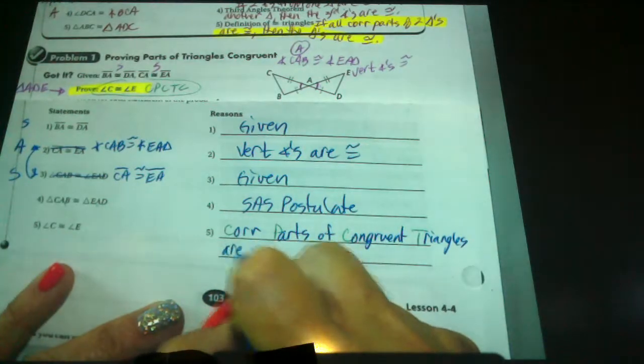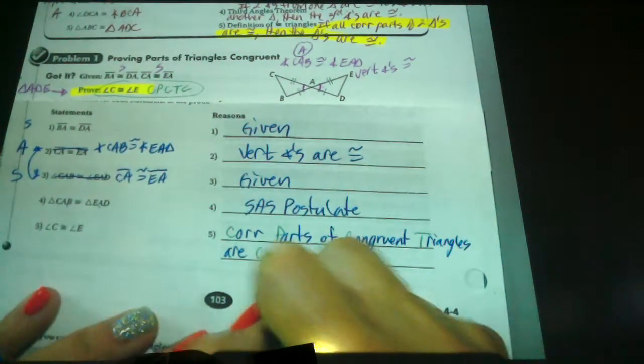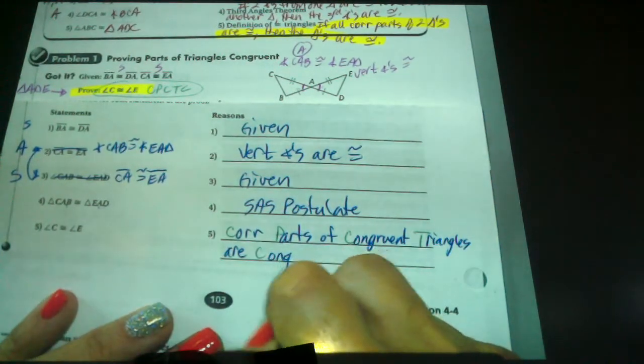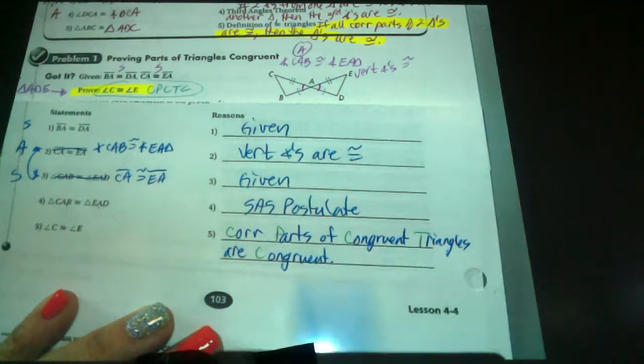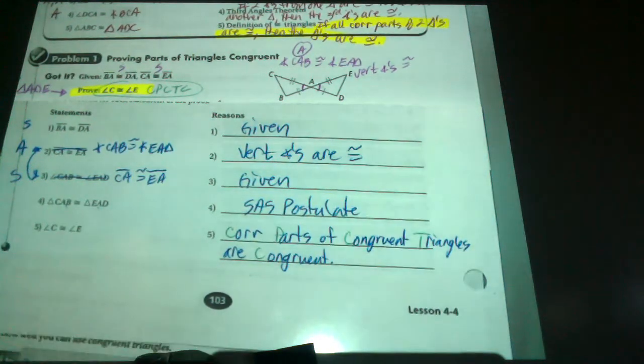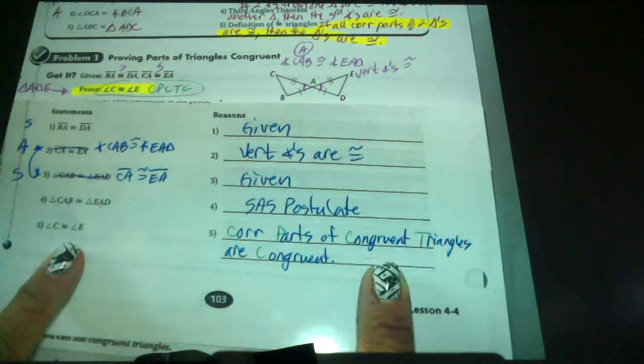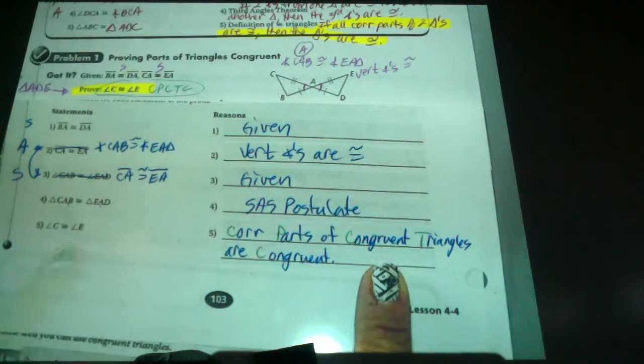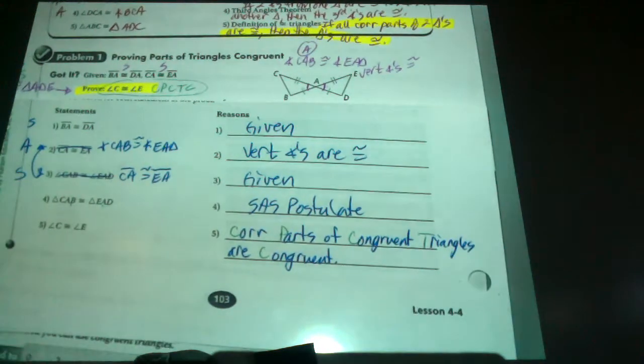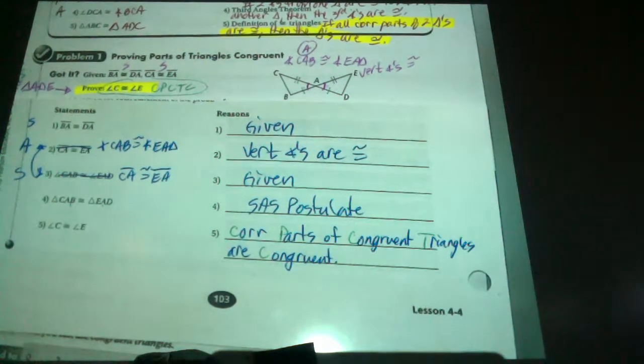It'll help you remember it. And done. So the only thing different about these proofs, they're identical, is you've got one more statement. That's it. So try the proofs, try your assignment.